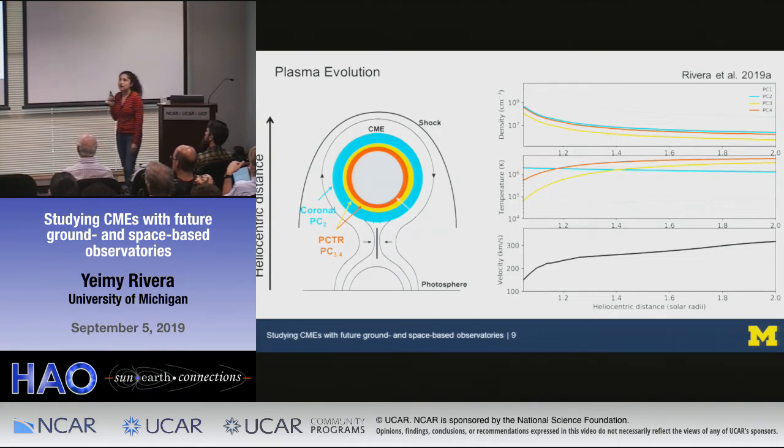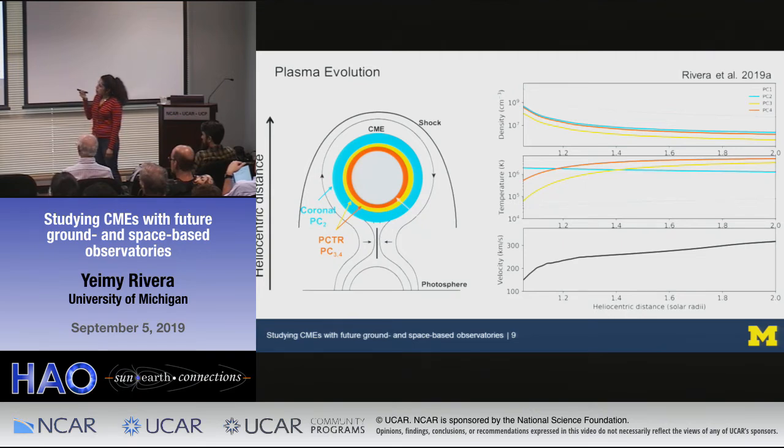So the PCTR is generally warmer than the prominence core and slightly more dense. And that typically surrounds the much cooler core. And then we have this 4th plasma here, in the blue, which is coronal type plasma, just a hotter component of the CME.